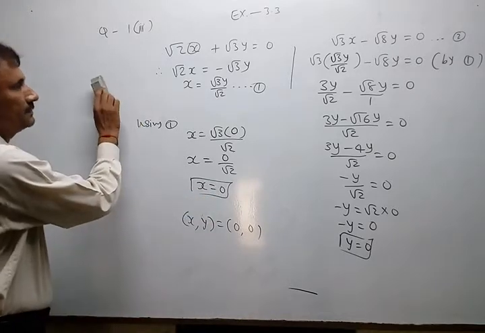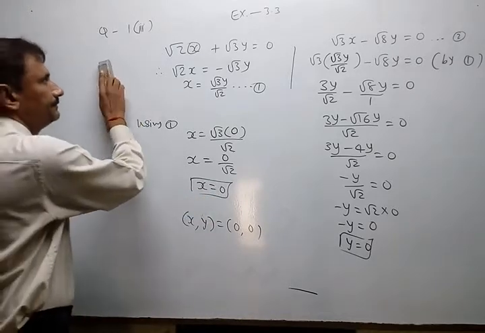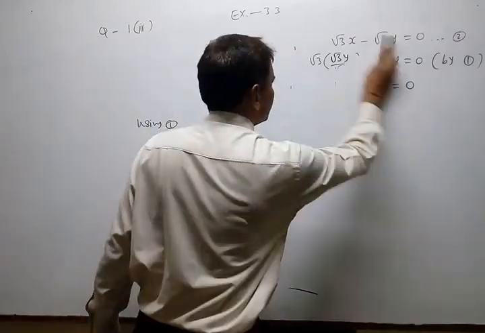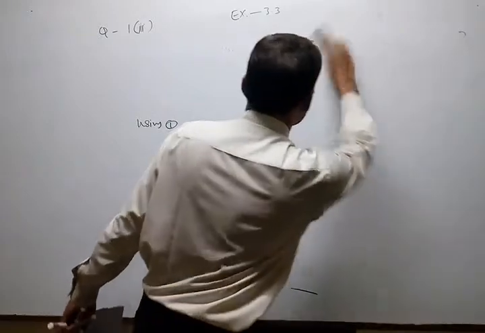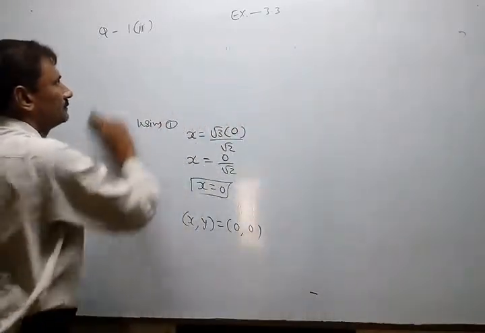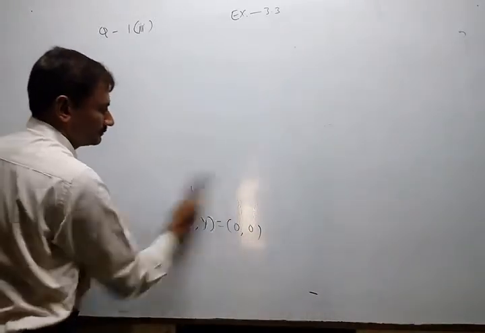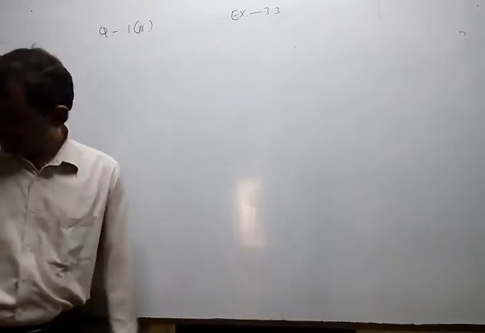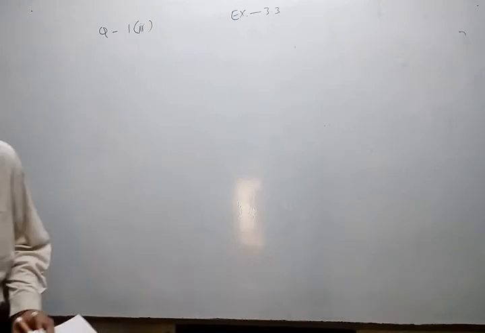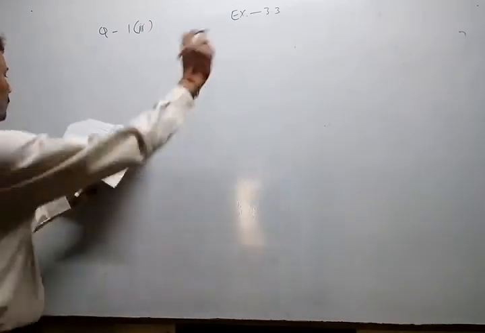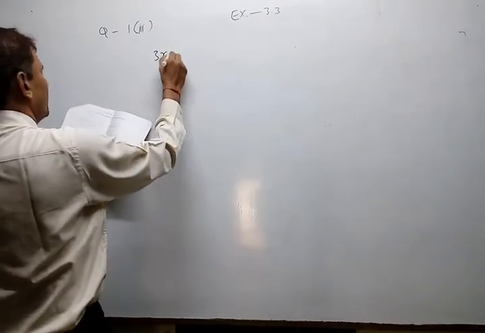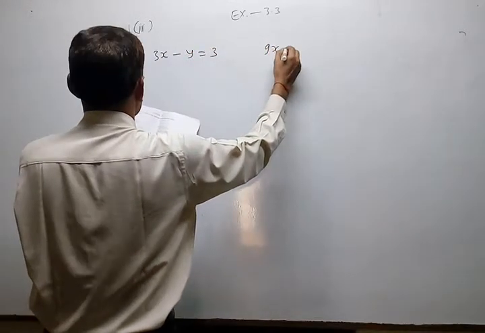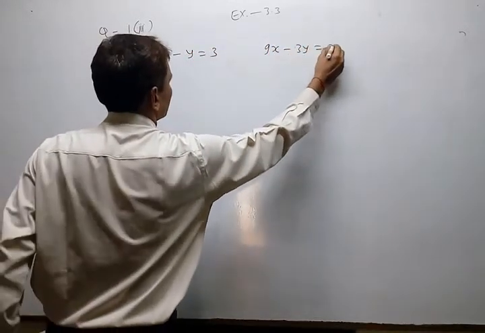The given equations are 3x minus y equals 3 and 9x minus 3y equals 9.